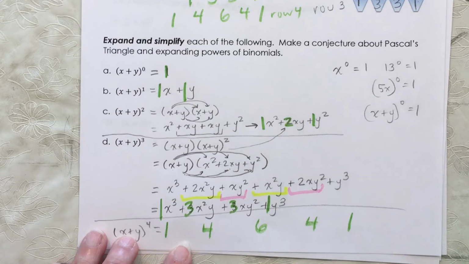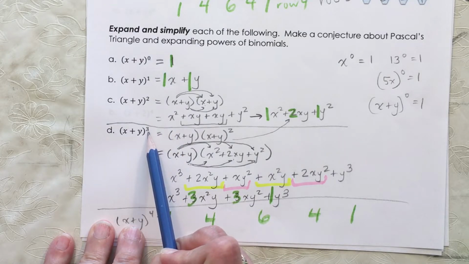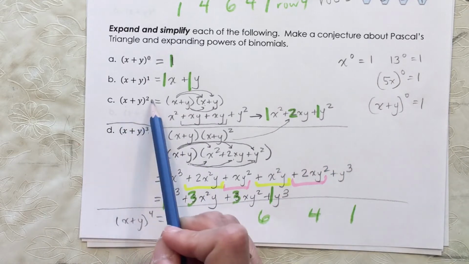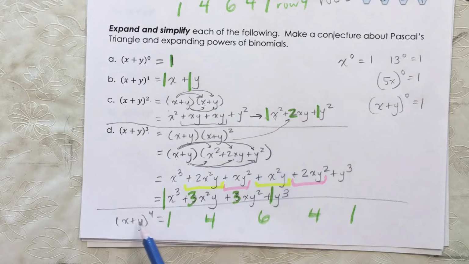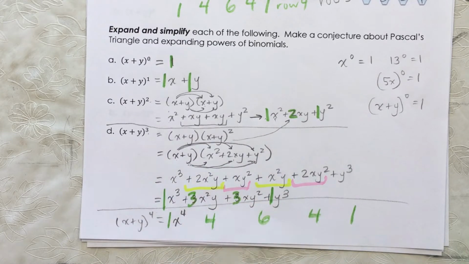But then also look at this pattern here. When it's to the power of 3, I started with 1x cubed. When it was to the power of 2, I started with 1x squared. So when it's to the power of 4, I'm going to start with 1x to the 4th. And then what's in between the terms?